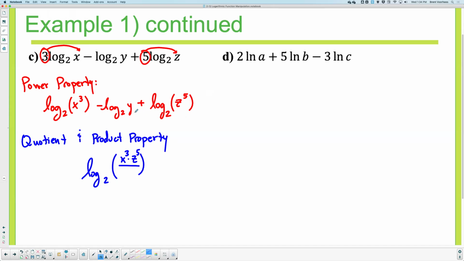Honestly, the order does not matter with logarithms. What does matter is that if it's a positive log, it needs to go to the numerator. If it's a negative log, the value needs to go to the denominator. That right there is our answer: log base 2 of x cubed times z to the 5th, all divided by y.